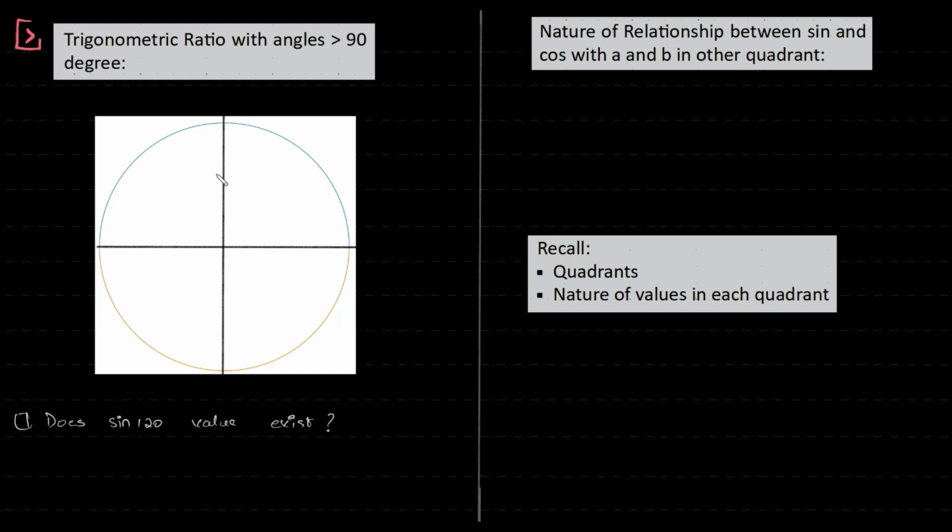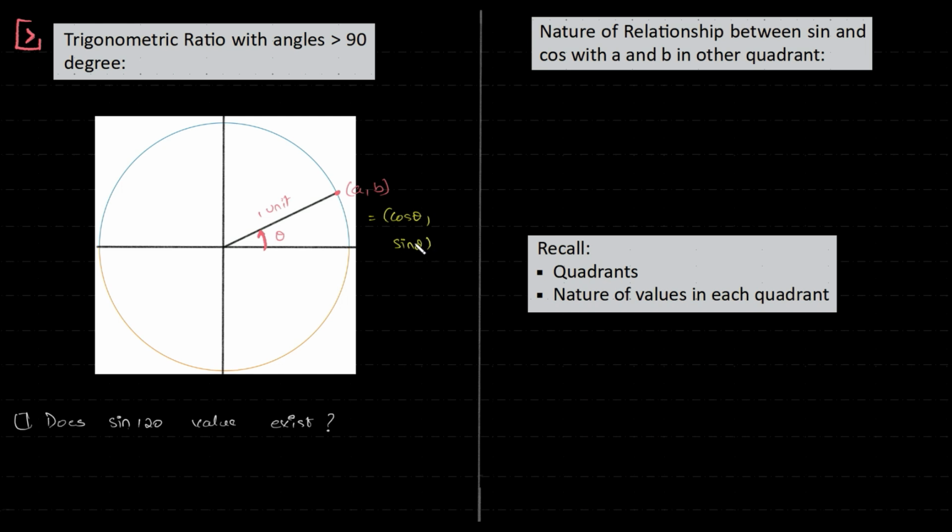In the last video, we got introduced to the idea of the unit circle. A unit circle is a circle whose radius is 1 centimeter or 1 meter, or anything which is 1. We consider this angle to be theta and this point to be, say, (a, b). We established a relationship between a and b with theta as cos theta and sine theta.